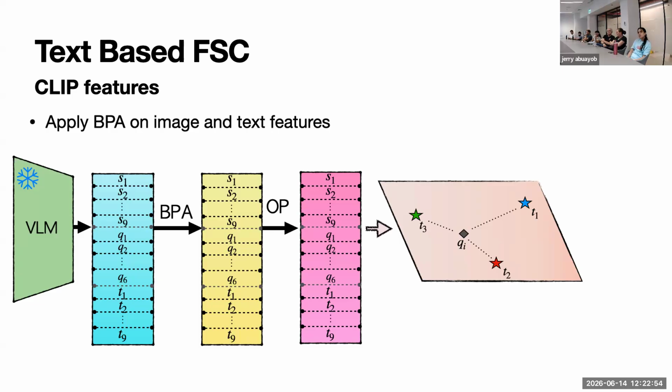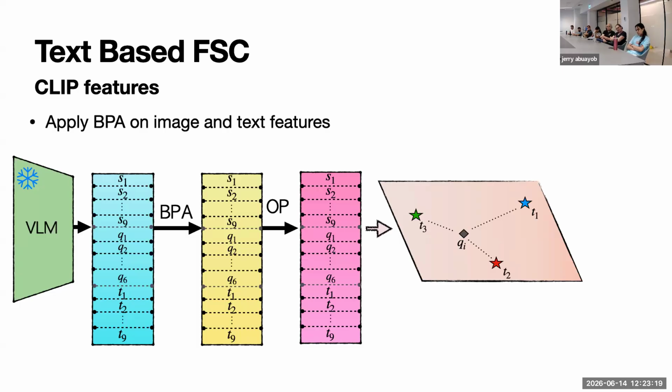What I like to think of, my intuitive approach, is if we apply the clustering before the OP, this gives me a stronger clustering. Therefore, all of this cluster should be semantically aligned to the same text prototype.